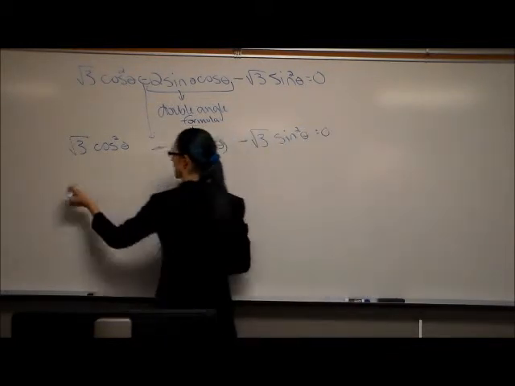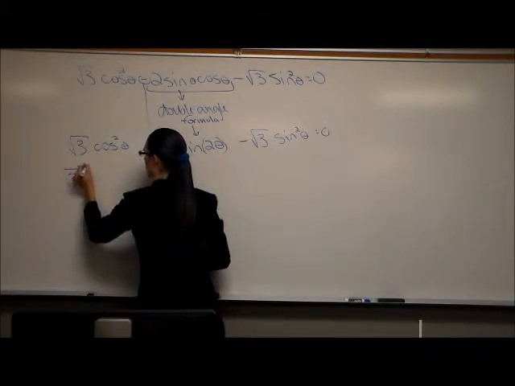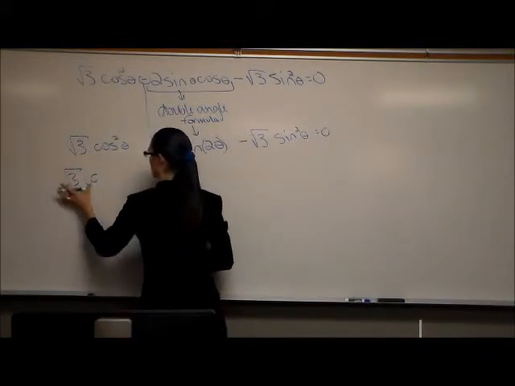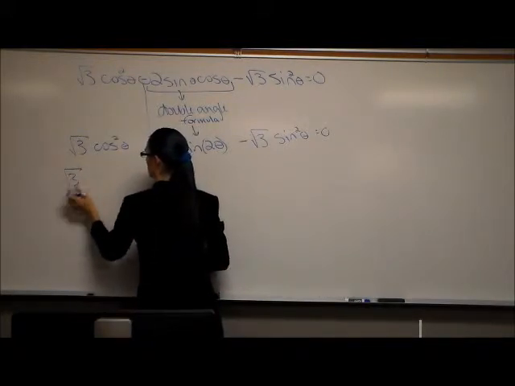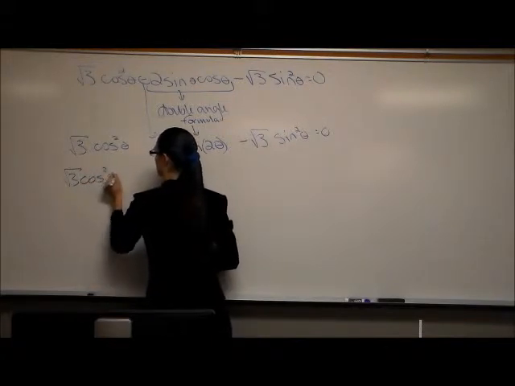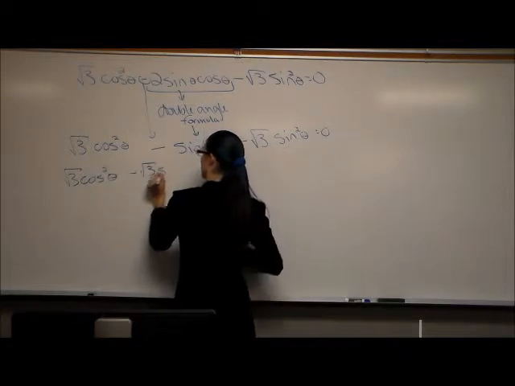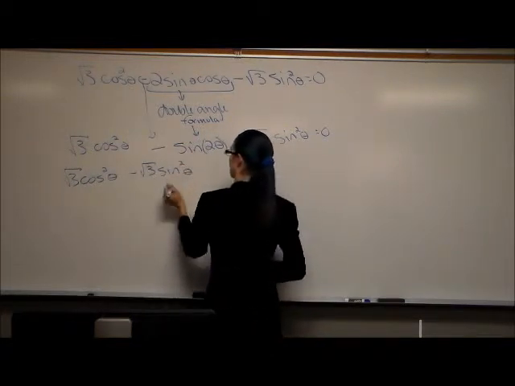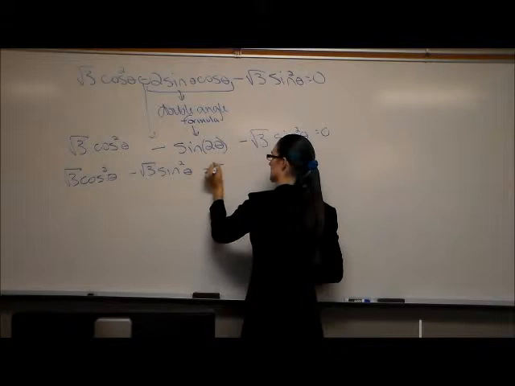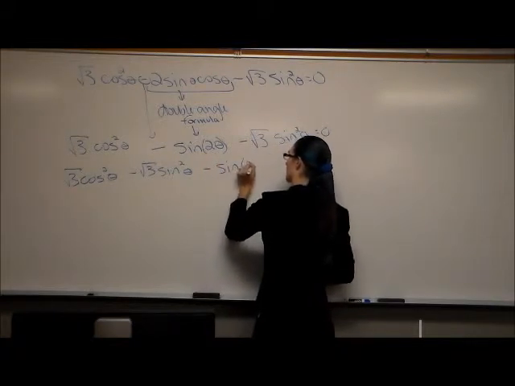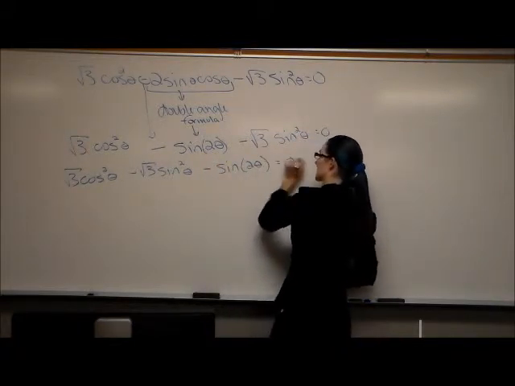So I'm going to put those together. Square root of 3 cosine squared of theta, minus square root of 3 sine squared of theta. Then this piece will fall down, sine of 2 theta equals 0.